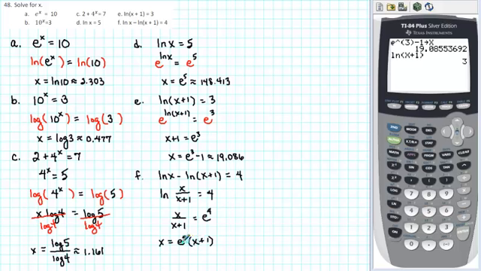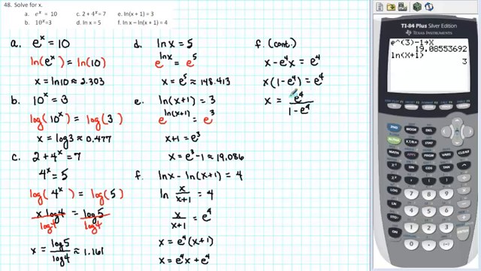We can then use the distributive property on the right-hand side. Next, we take away e to the 4th times x from both sides. Factor out an x on the left-hand side. And finally, divide both sides by 1 minus e to the 4th. So our apparent solution is e to the 4th divided by the quantity 1 minus e to the 4th.